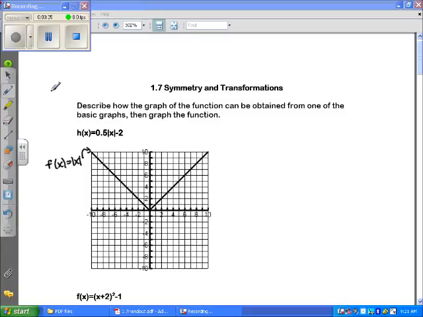Now we're looking at the transformations. We can tell that the 0.5 tells us basically that it's shrunk vertically by a factor of 0.5. So let's start writing that down here.